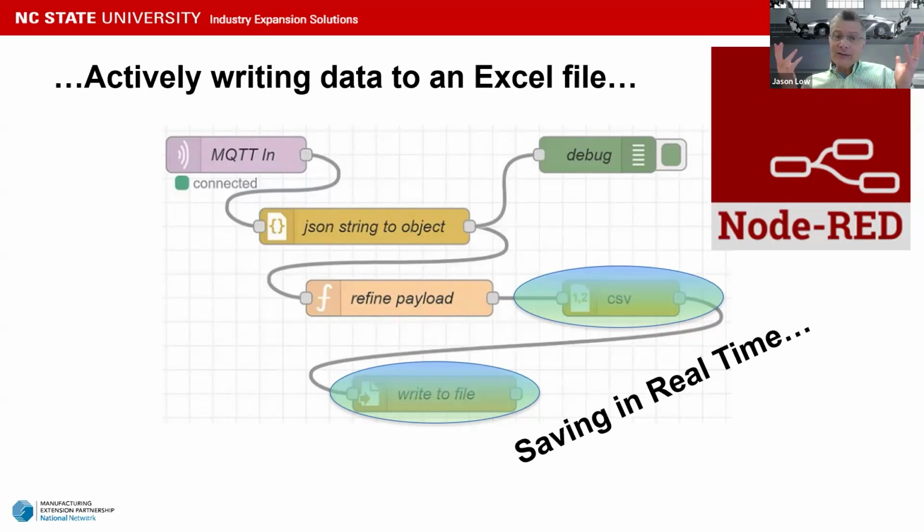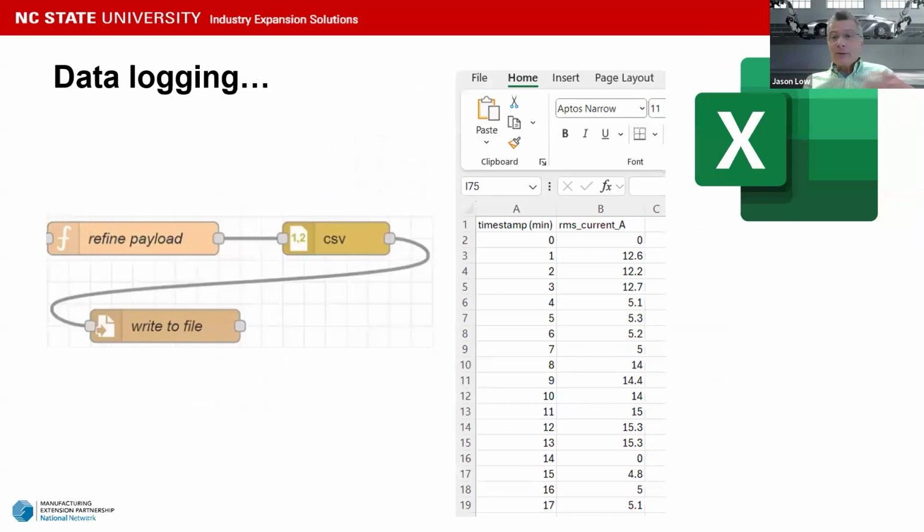In this case, I'd like it to go to a file that I can read via Excel. So then that's what we see here, right? So the data logging nature is taken care of at this client.